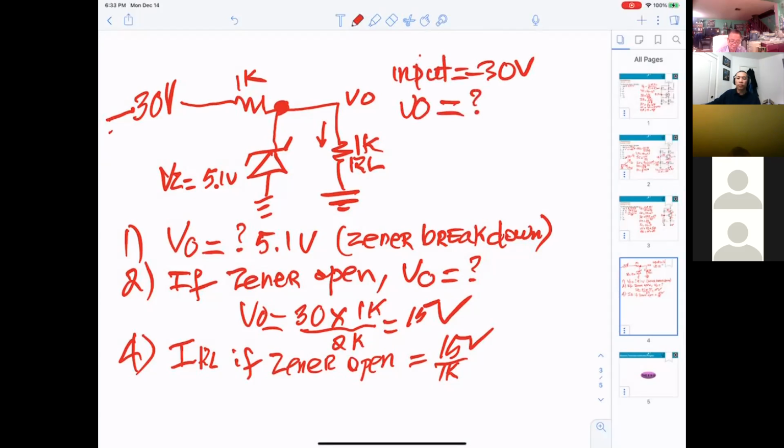First of all, can we say the circuit is not in breakdown, because it's a minus voltage and minus 30 is less than 5.1?